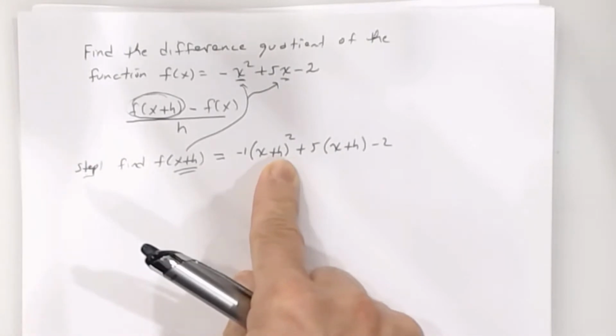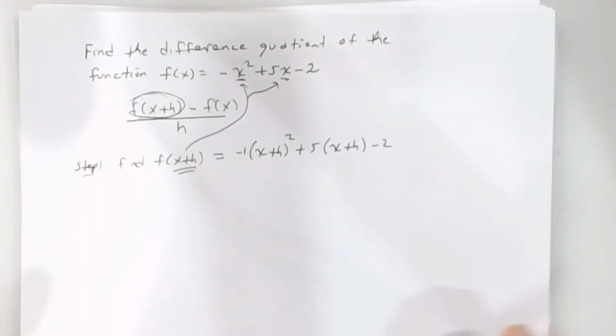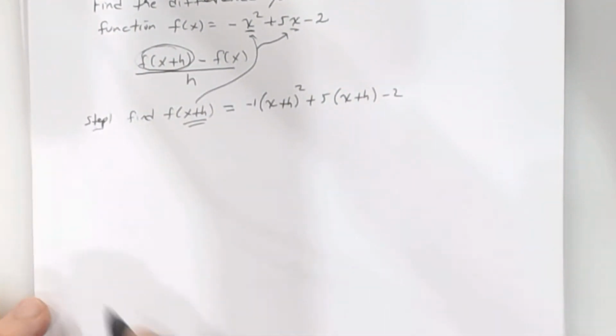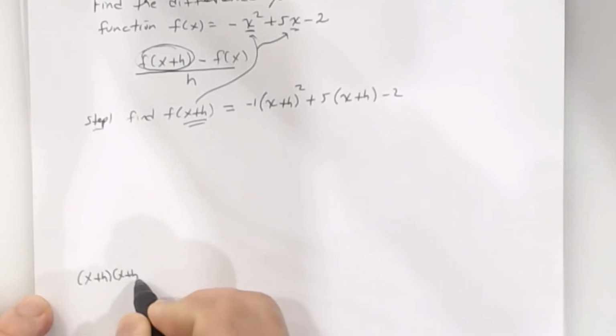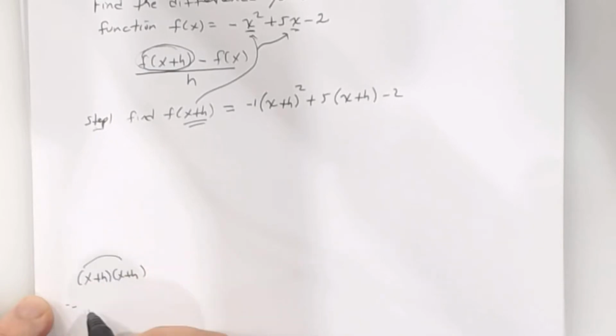All right, if you don't remember it, then just work it out. So x plus h squared: x times x is x squared. The outer is xh. The inner is also xh. And the last is h squared.